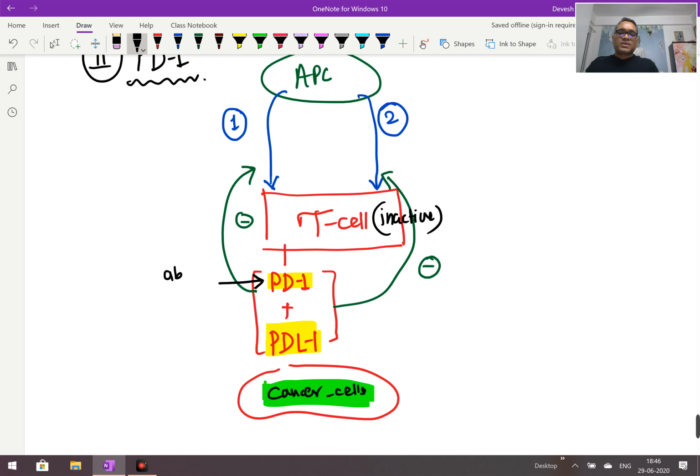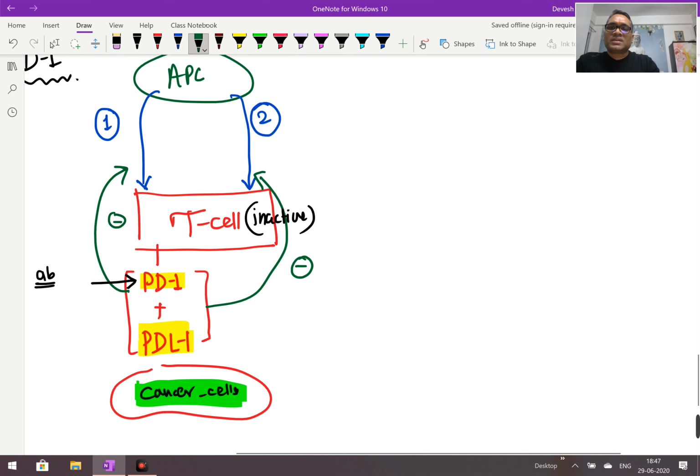So scientists have invented a drug which can inhibit this. They discovered an antibody against PD1, which will inhibit the PD1 receptor of the T cell. So again I am going to draw the same diagram, on this side so that you can understand more clearly.